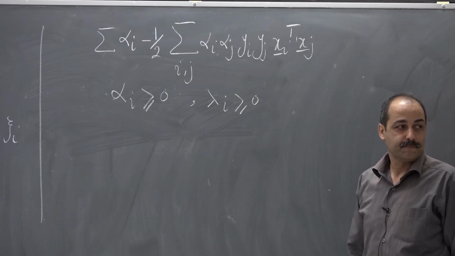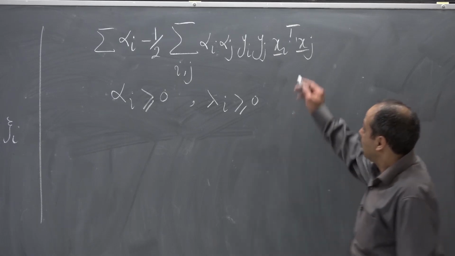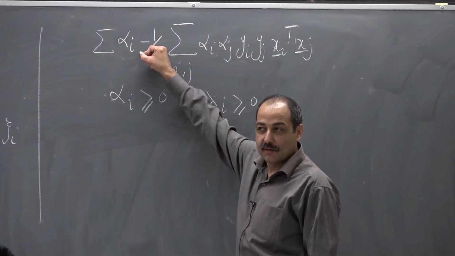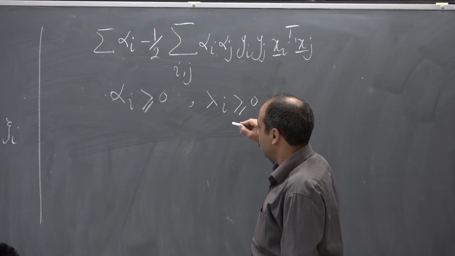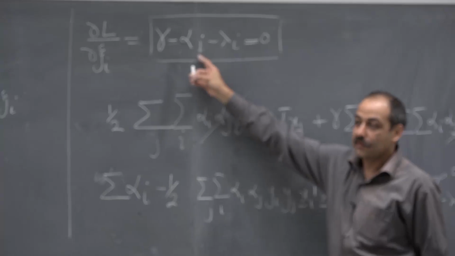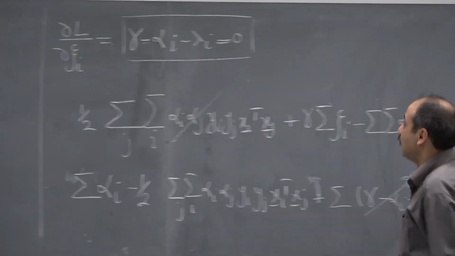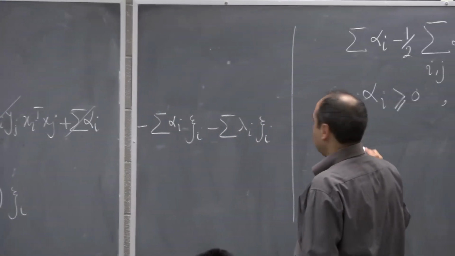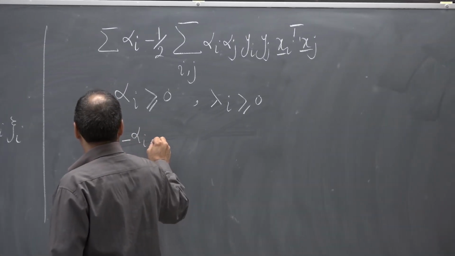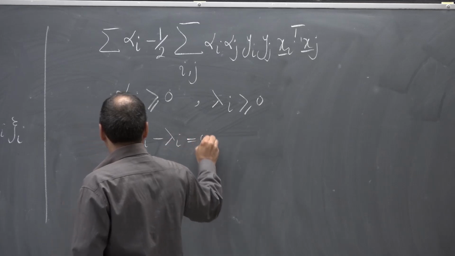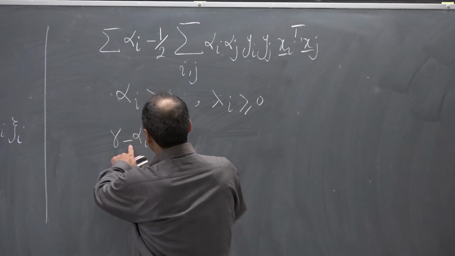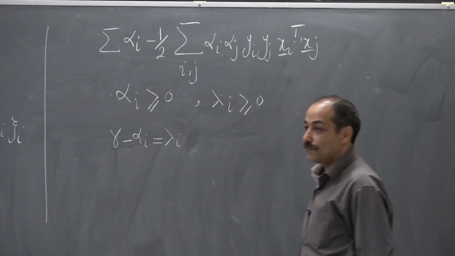But see, there is no lambda here. So what does it mean that lambda_i should be greater than or equal to 0? Lambda_i has to do with alpha and gamma, because I know that gamma minus alpha_i minus lambda_i is equal to 0. It means that gamma minus alpha_i is equal to lambda_i.